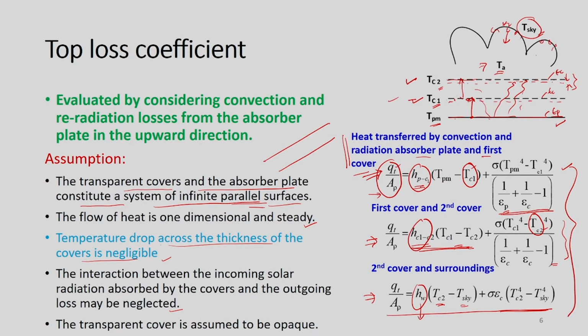But this HPC1, this heat transfer coefficient, is for when heat is exchanging from the plate to cover 1, then from cover 1 to cover 2, and then from cover 2 to the ambient. So, we can use some correlations to calculate these heat transfer coefficients. Let us learn how these correlations can be utilized to calculate the heat transfer coefficient between the parallel plates.